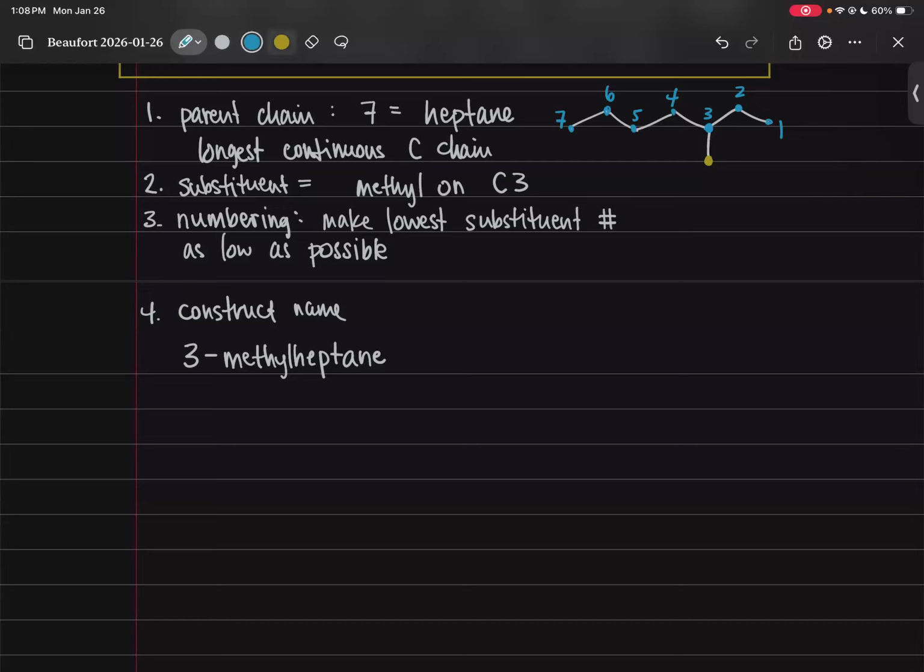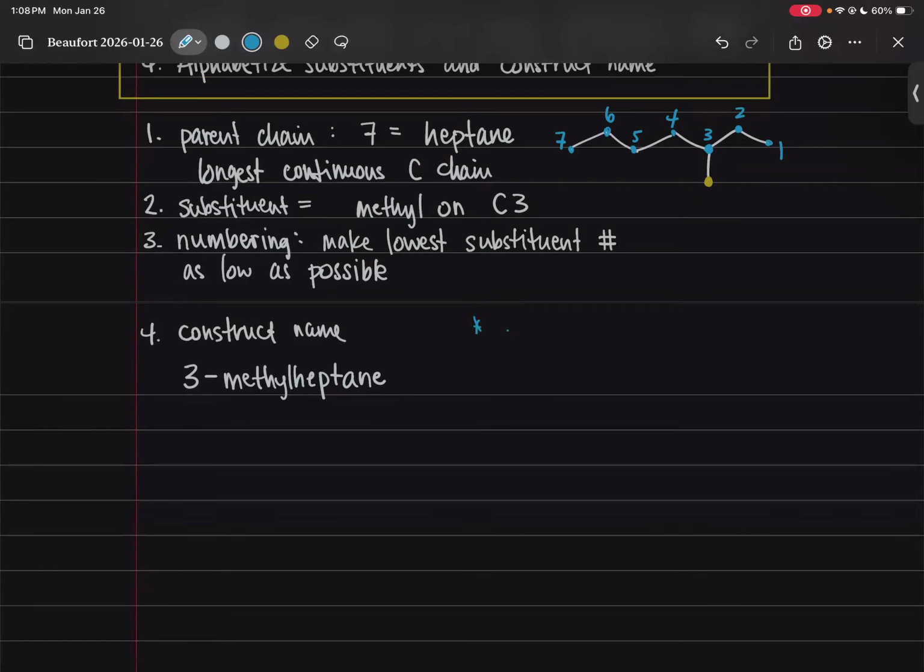So rules for making those names. We don't use any spaces. So there's no space between the L of methyl and the H of heptane.